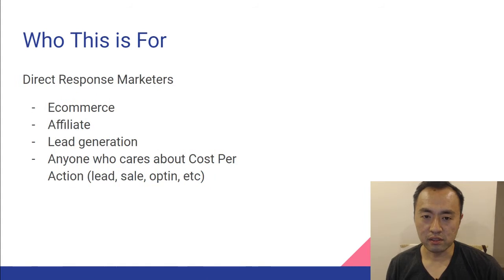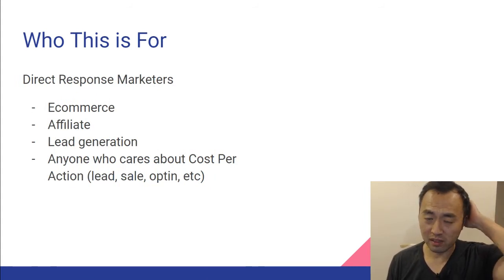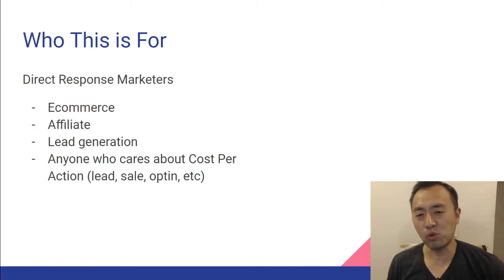Okay, so this is for people who do direct response marketing. This is obviously a tool. So there's all types of direct response marketers. Basically, people who pay for traffic. I guess you don't have to pay for traffic, but most of them do.